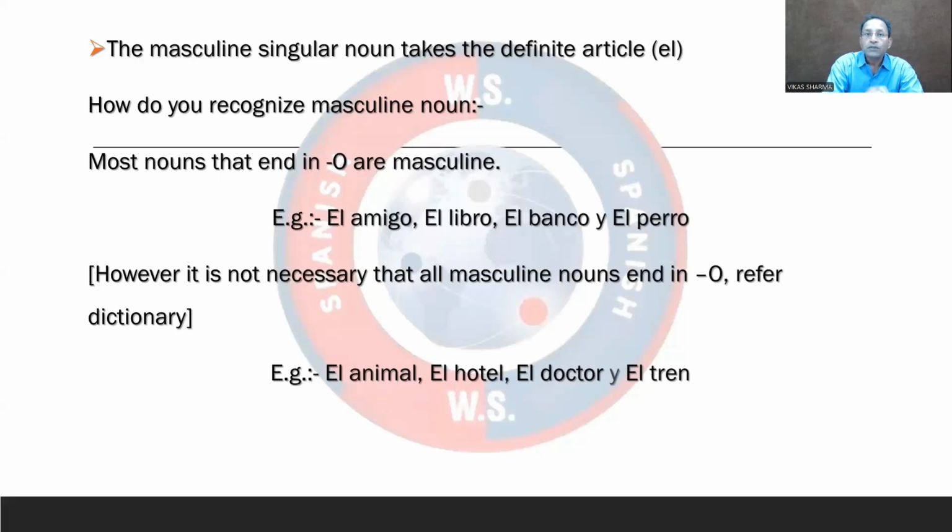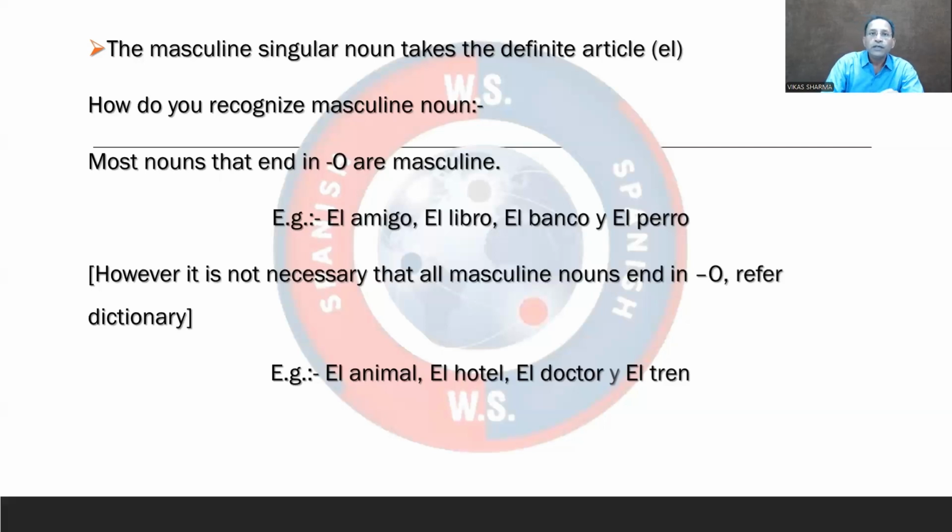Hotel is masculine in the Spanish language, so you need to write el hotel. El doctor. Y el tren. So these are all examples which do not end in O, but still they are masculine. So you need to refer to the dictionary and cross-check every noun, whether it is masculine or feminine. Slowly and gradually, when you start using it frequently, it will get registered in your mind.